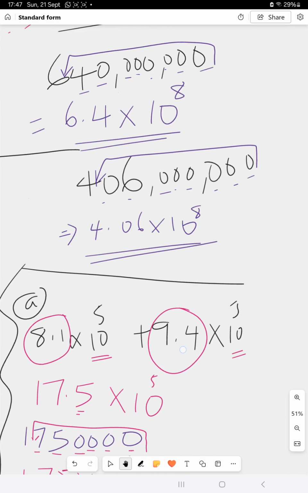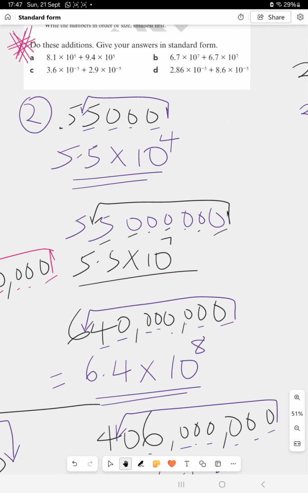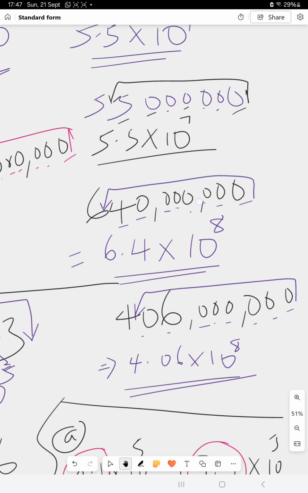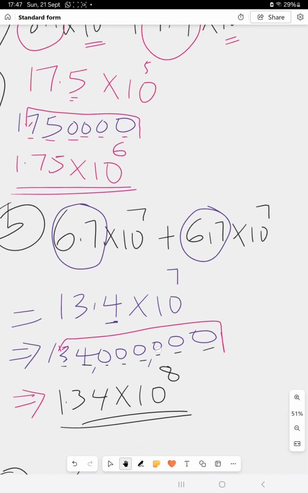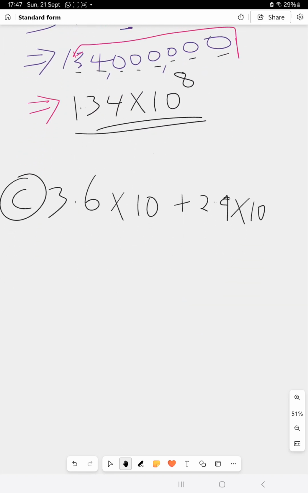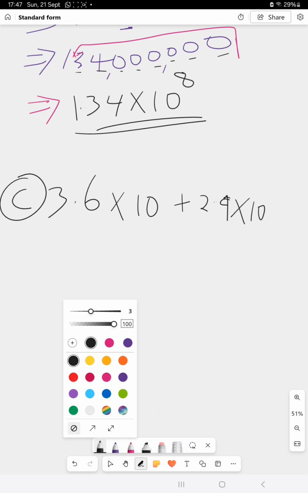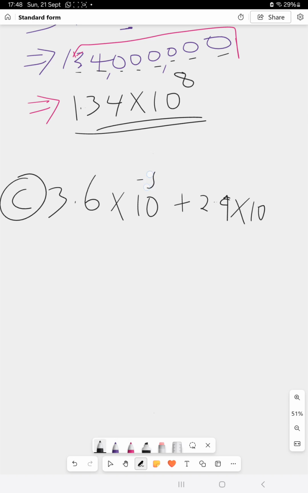All of them, they are raised to what? Let me just confirm. Negative 5. Oh yes, this is now a negative one. Good. Negative 5, and also this one, negative 5.